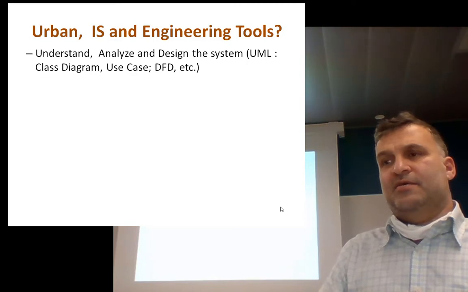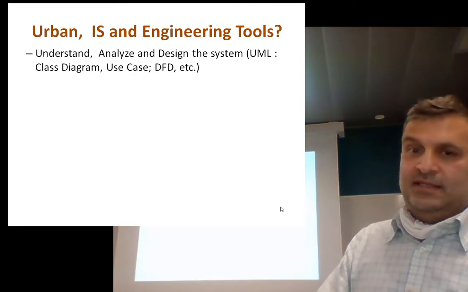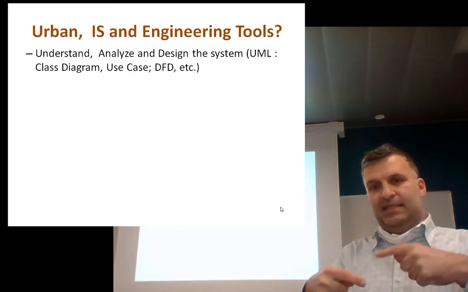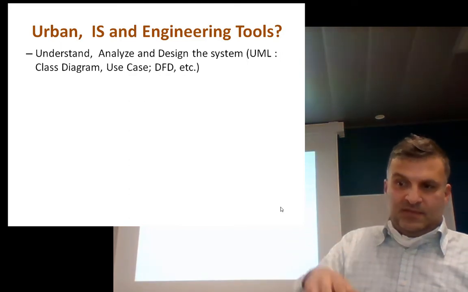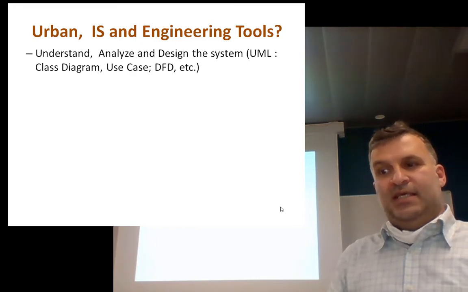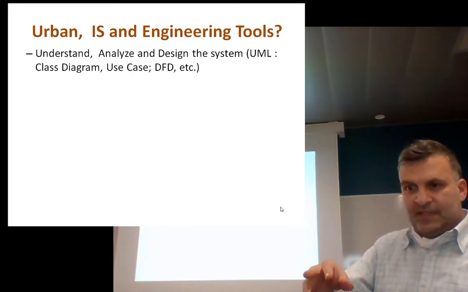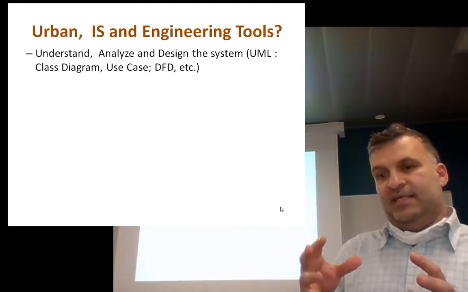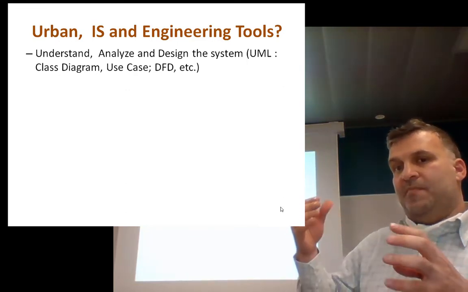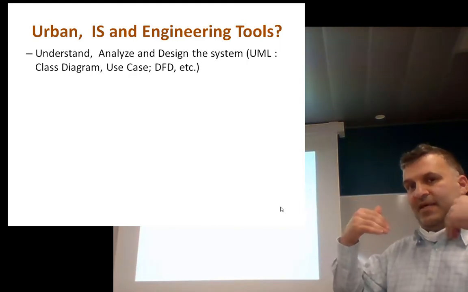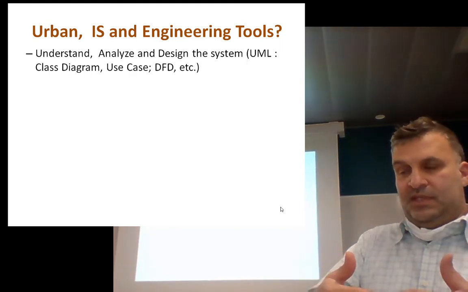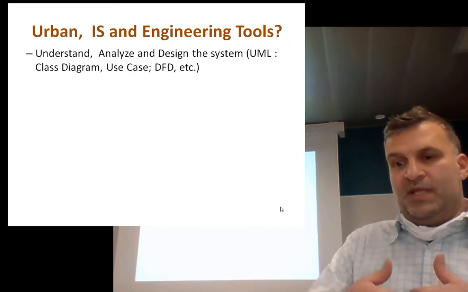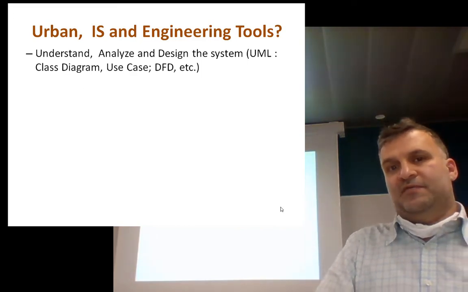In DFD diagrams, the data flow diagram, we can see how the data is flowing. We can follow the operation in the system. We can see how the data comes from outside of the system and into the system, and how the data is treated, and what type of output the system can give as data.